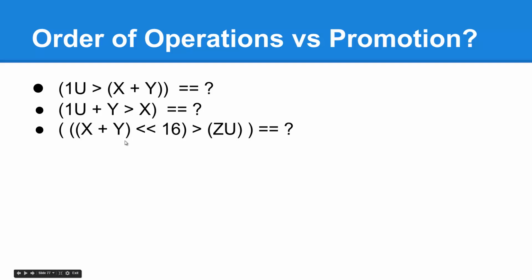Now here we have the signed value of x and y are added, then they're shifted left 16, and here is compared to an unsigned value z, pardon the notation, this is the only slide that this is used on, and this will all evaluate as a signed variable before being type promoted to unsigned to compare against the variable z.